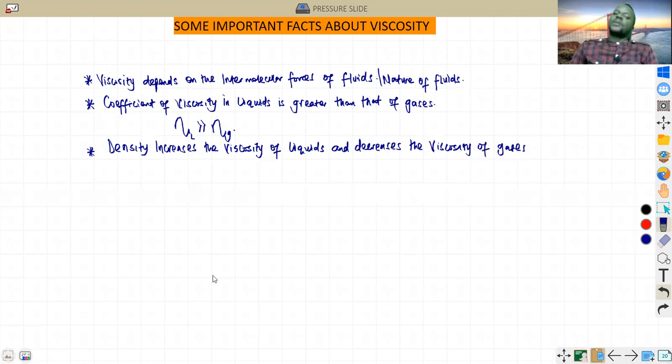This is another important point we also need to understand the concept of viscosity very well.